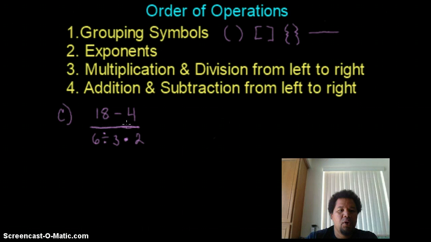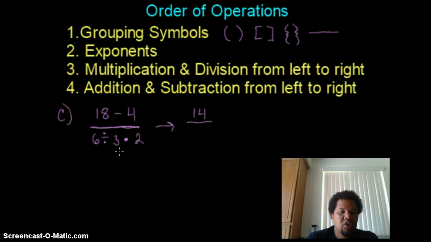So we're going to work out the top and the bottom first before we do this division here. So we do 18 minus 4, which is 14. So we did the top. Now we're going to do the bottom because these are grouped together.